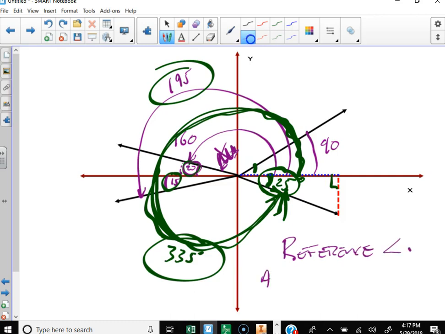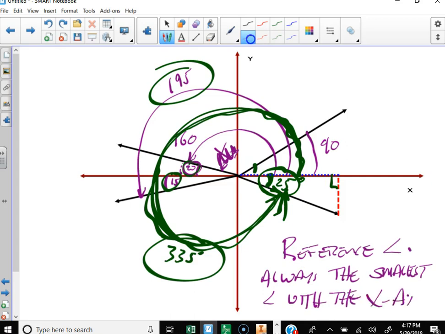Reference angle is always the smallest angle made with the x-axis. By smallest angle, I mean this right here is 25. Well, I'm not worried about this angle here to this side of the x-axis. I want the smallest one.